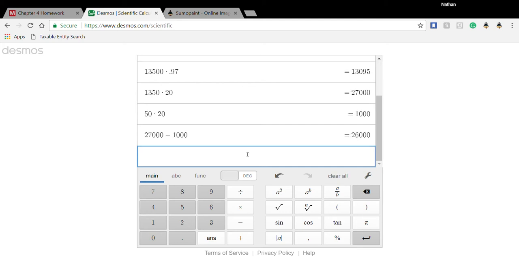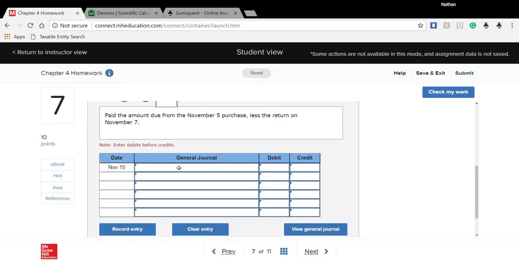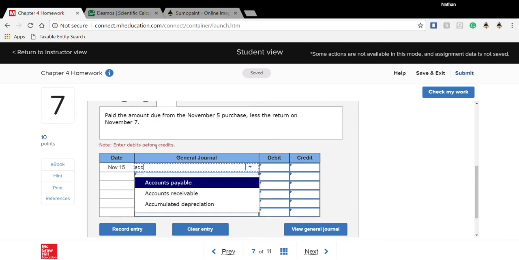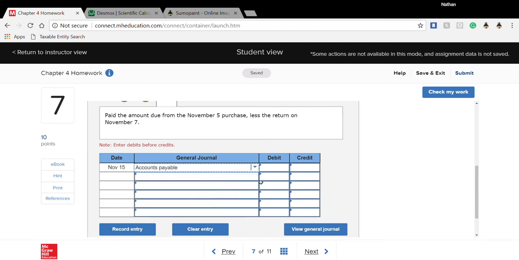You didn't need the calculator for that, but just to show you what's going on, there we go. This is the amount that's in accounts payable. This is the cash that we are supposedly owed. Since we know that to make accounts payable go down, our decrease in accounts payable is going to be our debit, so our debit is going to be the 26,000.